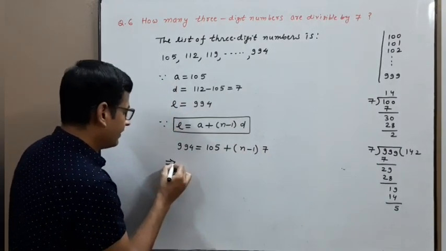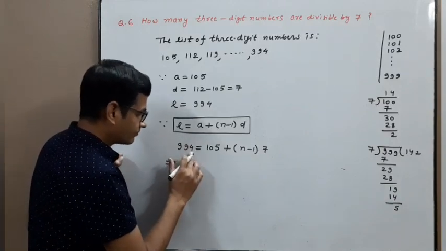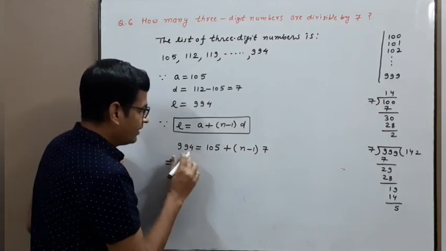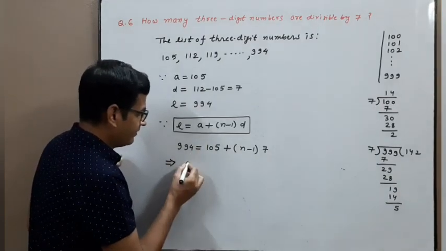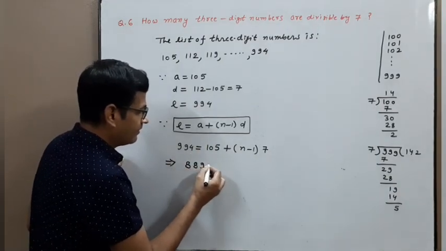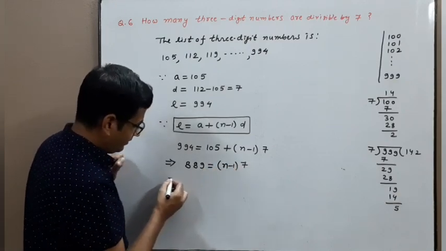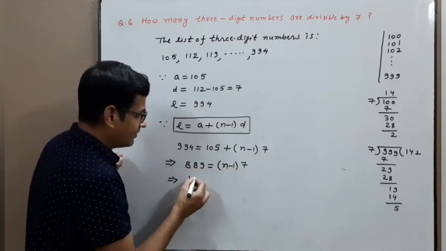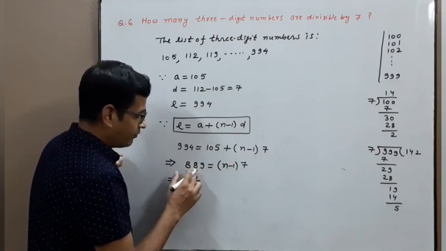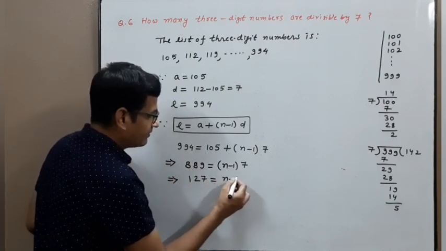Now simplify. 994 minus 105. So 994 minus 100 is 894, minus 5, so 889 is equal to n minus 1 into 7. Now divide this quantity by 7. 7 times 1 is 7, 7 times 2 is 14, and 7 times 7 is 49, so 127 equal to n minus 1.